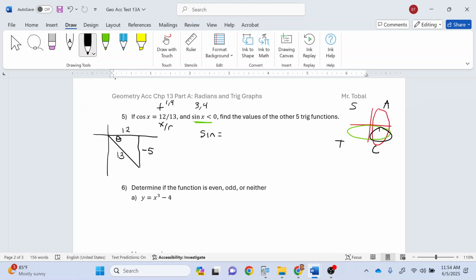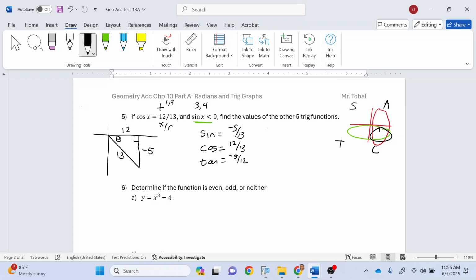Cosine, you could either think of x over r or adjacent over hypotenuse. Either one works. Here's the right angle. All right, so sine is going to be y over r, so negative 5 over 13. Cosine, embarrassing if you mess that up because they give it to you, 12 over 13. Tangent, opposite over adjacent, or y over x, so negative 5 over 12.